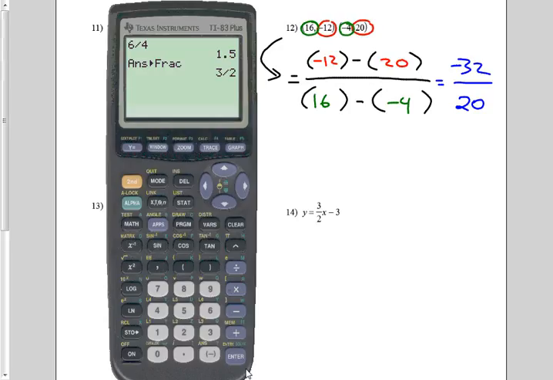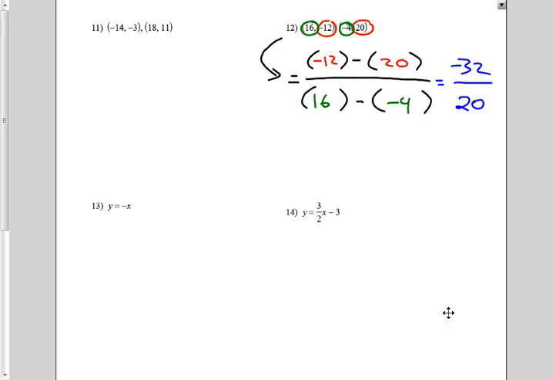Negative 32 divided by 20. That gives 1.6, then math, enter. And right there is my solution, negative 8 over 5. You'll want to be able to do that. That's a very important tool for getting simplified fractions. Remember that negative 32 over 20 becomes negative 8 over 5. We'll go ahead and write that, like so.